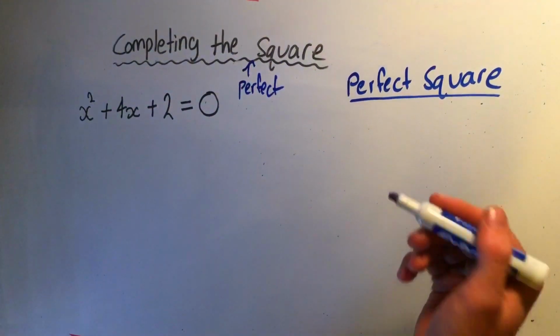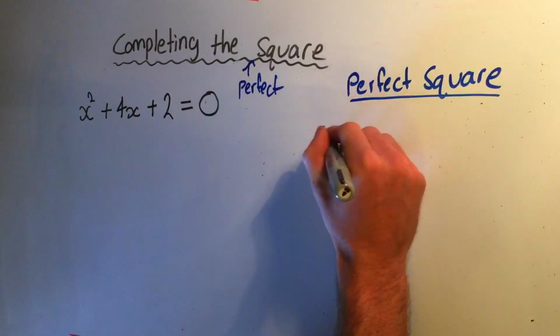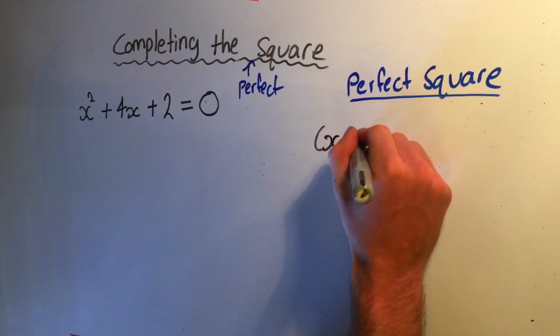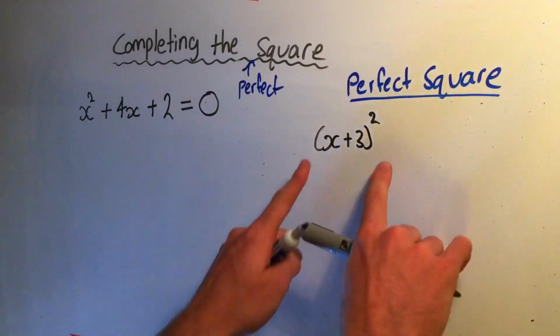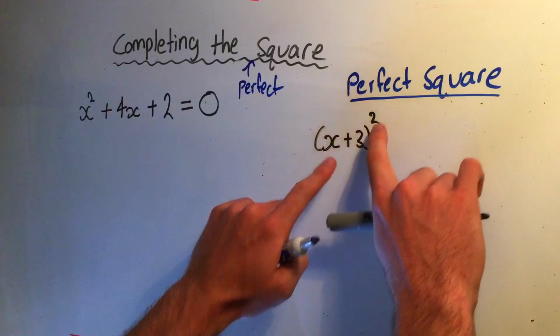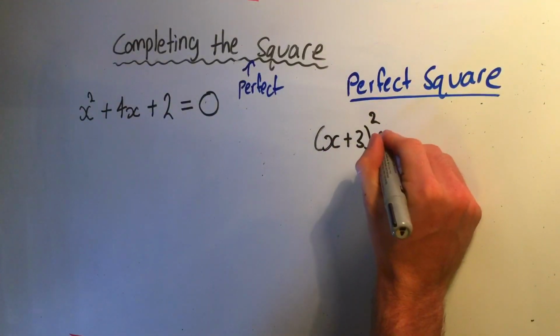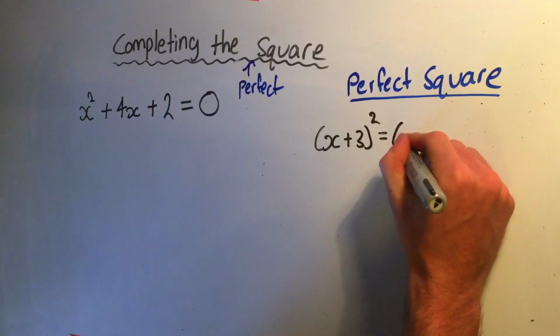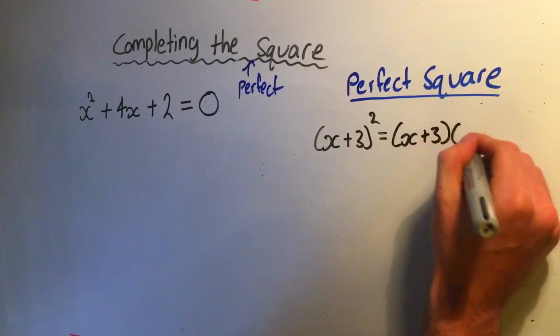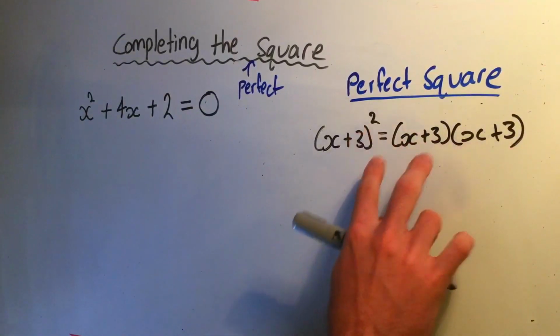Now, what is a perfect square? A perfect square is when we have something like x plus 3 squared. That's a perfect square because it is a bracket with two values inside and it's squared. And we know that if it's a perfect square, that's the same as saying x plus 3 times x plus 3, because it's the same value times itself.